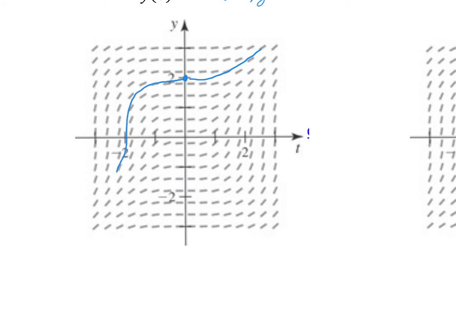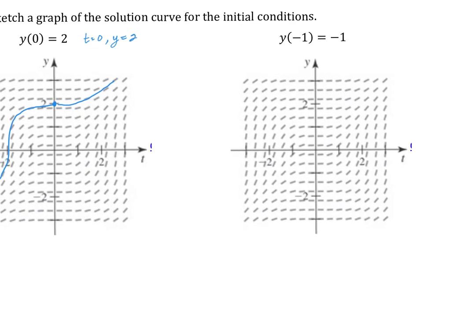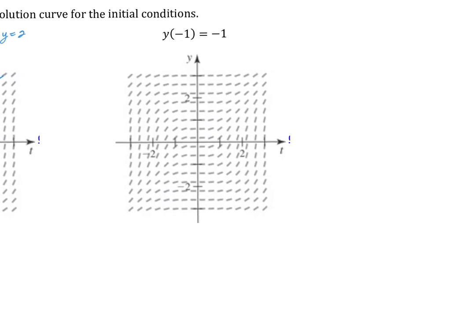This is kind of weird. And then just follow our little tangent lines. So that would be a graph of the solution curve given those initial conditions. And it's just a rough sketch, right? Let's go over to the next graph. Here we have t equal to -1 and y equal to -1.